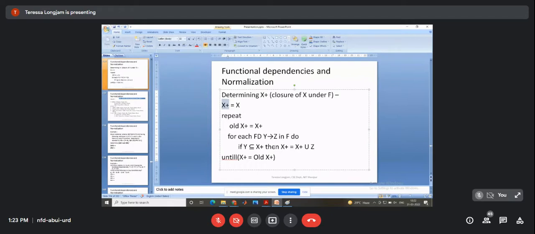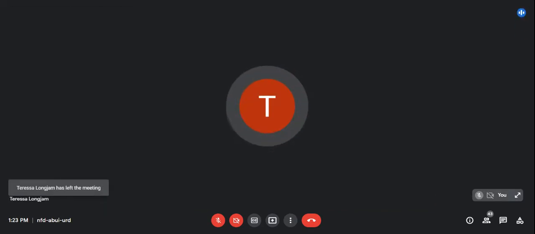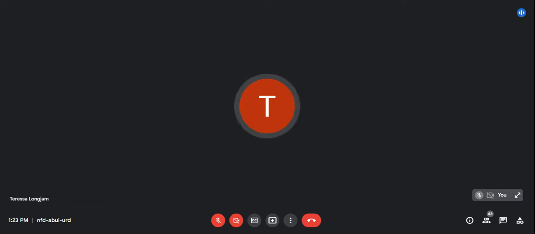In those functional dependencies, we get the set of attributes on the left-hand side, and we name it X.